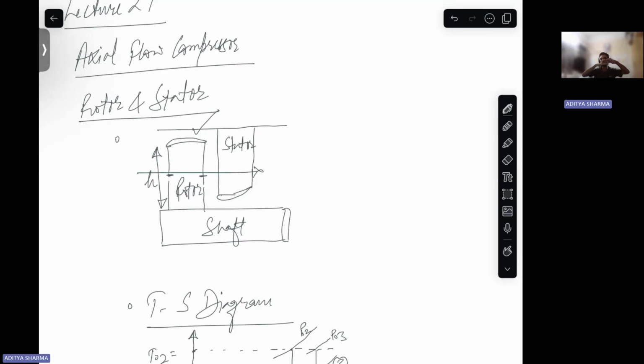You don't want that velocity should be there in the radial direction, right? Hope you understand this. You don't want this to be towards the axis of the shaft. You don't want it to be in the radial direction.